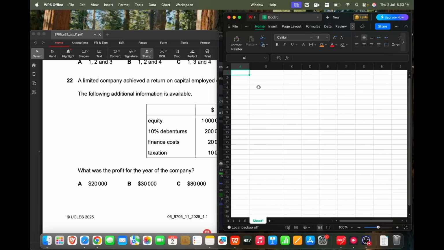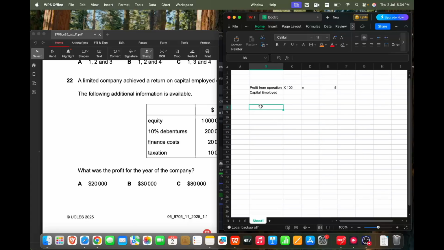Return on capital employed is very simple: profit from operations divided by capital employed, into 100, and it should equal 5.